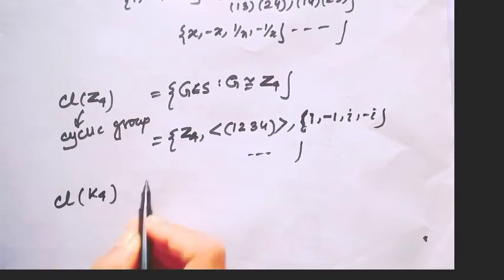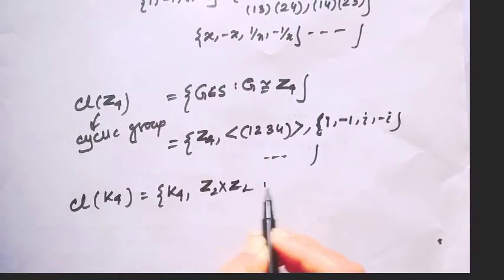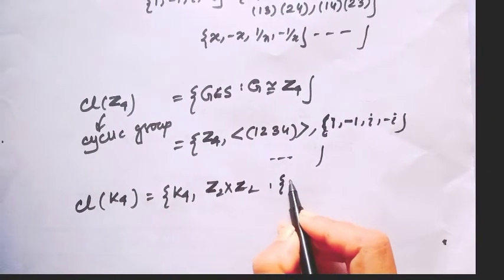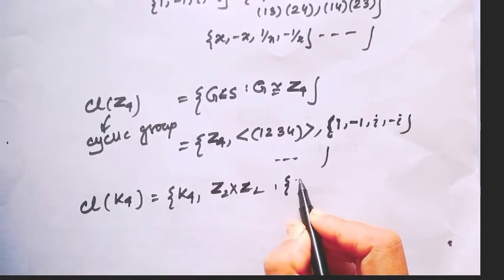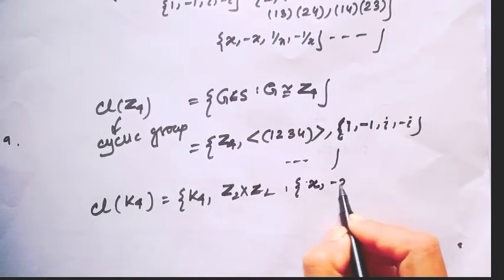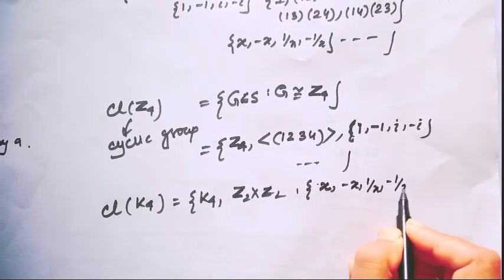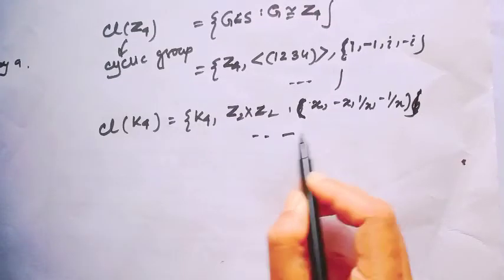And the class of K4, that is Z2 direct product Z2, is the set containing the elements x, minus x, 1 over x, minus 1 over x, and so on.